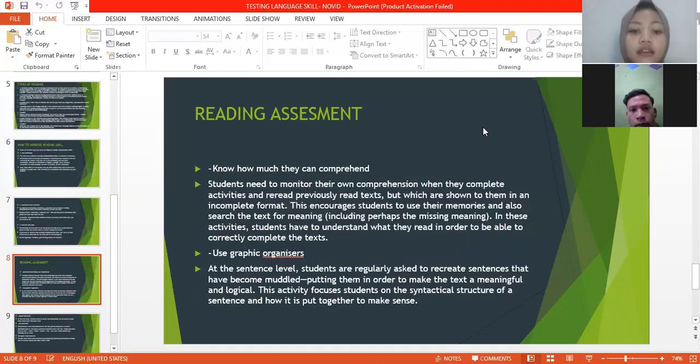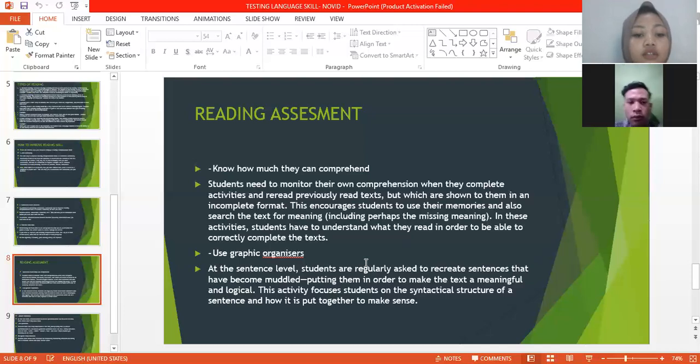This encourages students to use their memories and also search the text for meaning, including perhaps the missing meaning. In these activities, students have to understand what they read in order to be able to correctly complete this text.